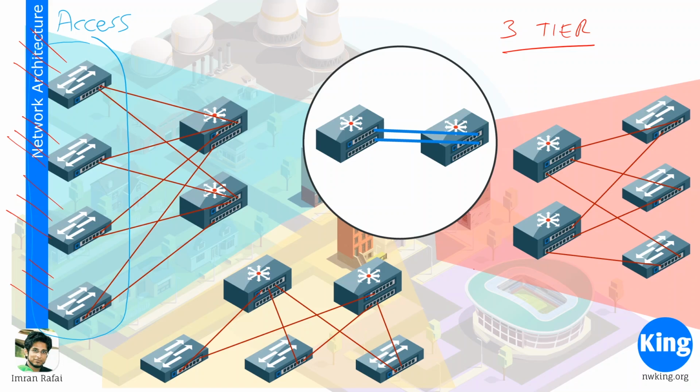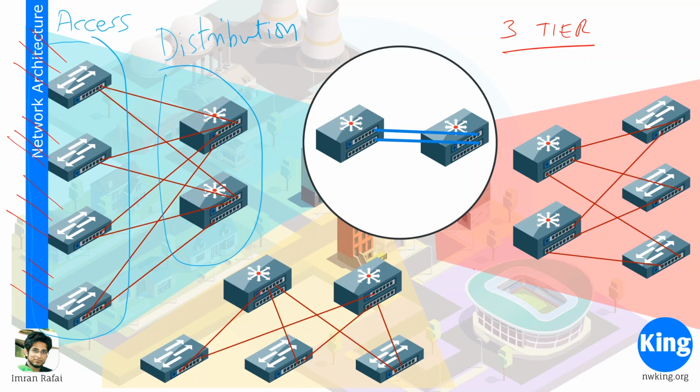So once that happens, all these access layer switches are connected to another layer called the distribution layer, right? The distribution layer has slightly better switches. This is where you would do all the logic, like access lists, VLANs, and all the logic in the network happens here.